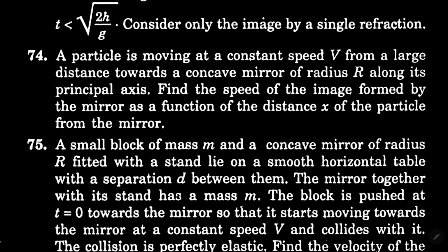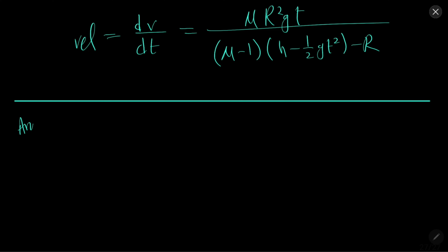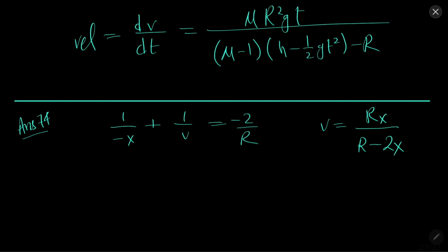In 74, a particle is moving with some speed. Find the speed of image. Solution 74. So here let the object be x distance away, minus x. So from here V will come out to be Rx over R minus 2x.